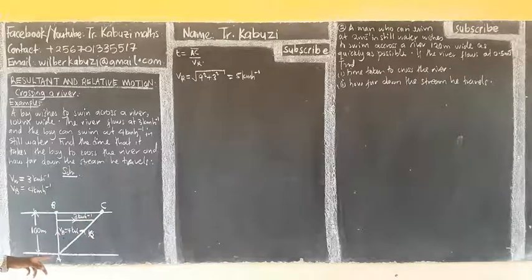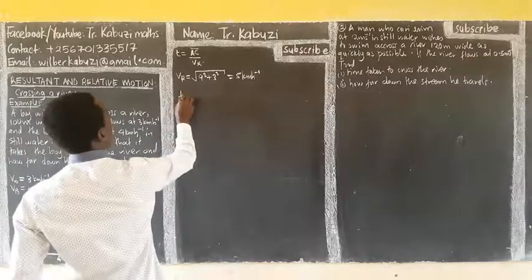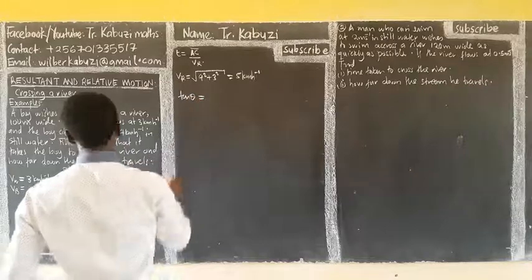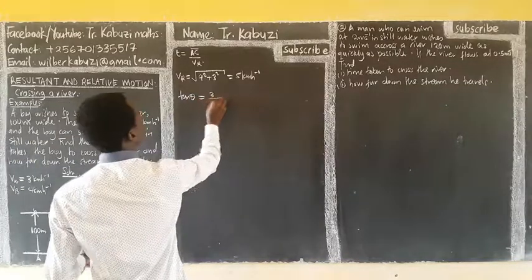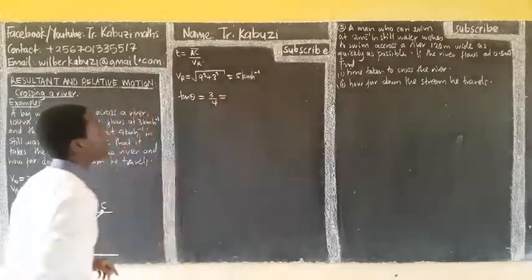But first, if you hold this angle here, theta, my tan theta is going to be opposite over adjacent, which is 3 over 4.